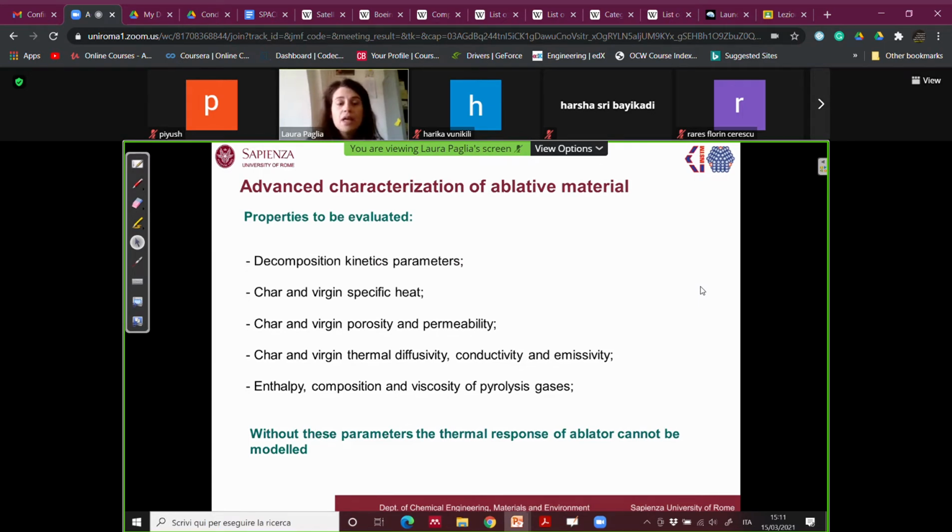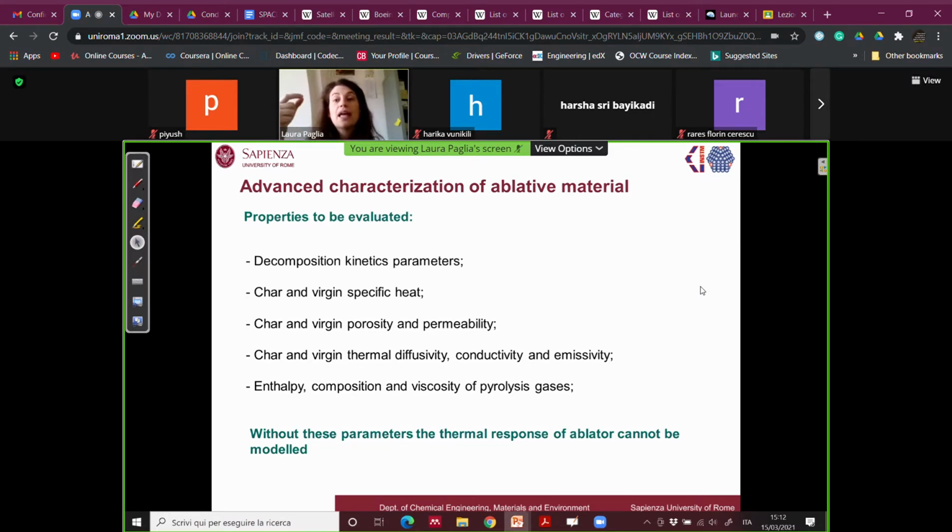Then we also have to understand the char and virgin porosity and permeability. Why are these parameters so important? Because the pyrolysis happens inside the material. There is an outer layer with char.